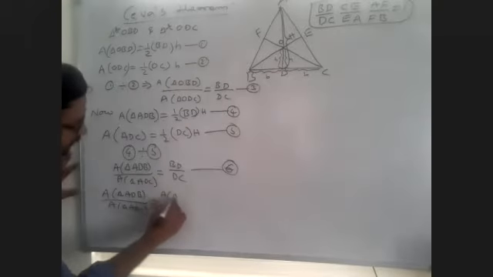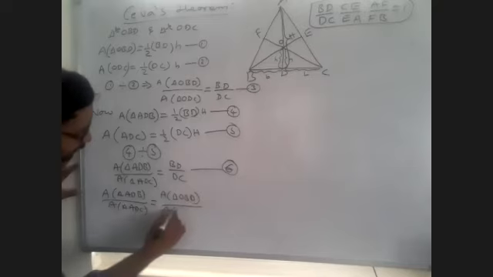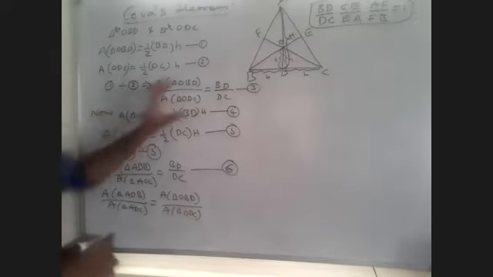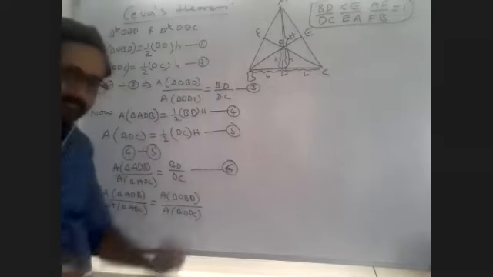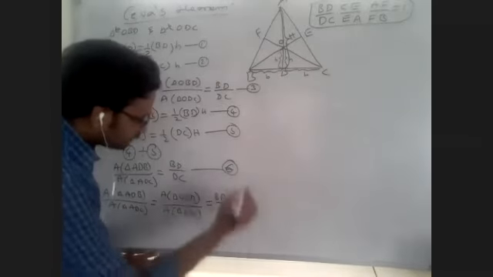Area of triangle OBD by area of triangle ODC is equal to BD by DC, BD by DC is equal to BD by DC.